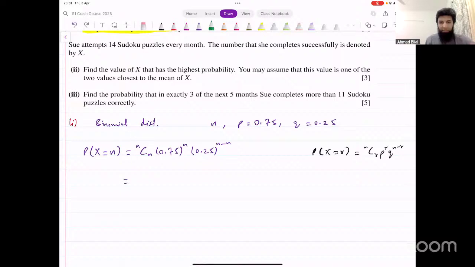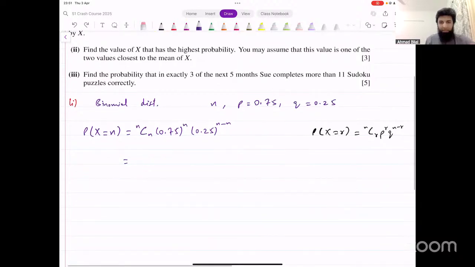If both the numbers are the same, 6C6, 5C5, 10C10, 15C15, it always evaluates to 1. So nCn is 1. Then you have 0.75 raised to power n, and 0.25 raised to power 0 is also 1. So this simplifies to 0.75 raised to power n. So this is the probability that they're talking about, the probability of getting n successes.